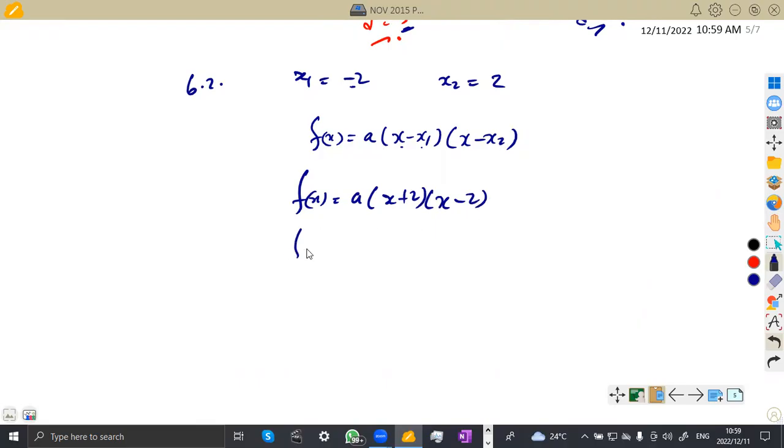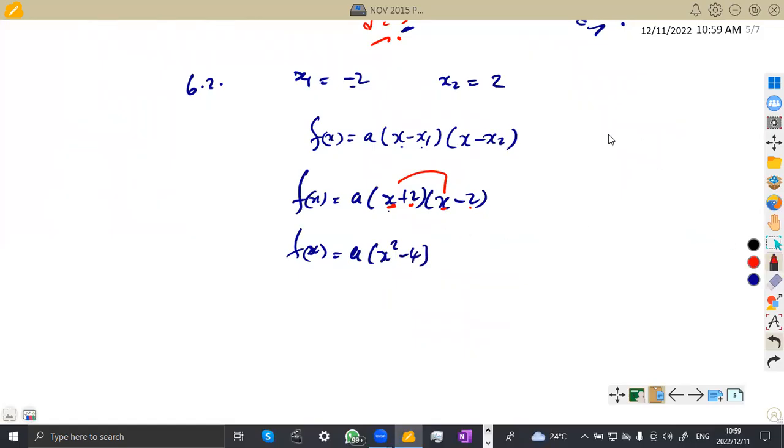So you can see that we can expand this. That will be a into, it is a difference of two squares, guys. We've got x and x, 2 and minus 2. So this was taken from x squared minus 4 from our difference of two squares.